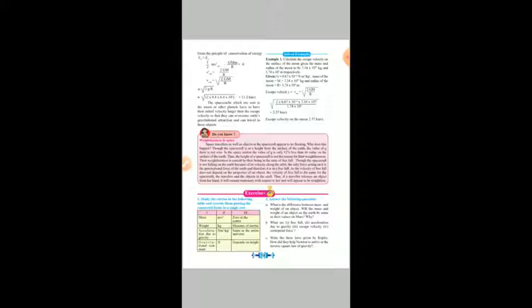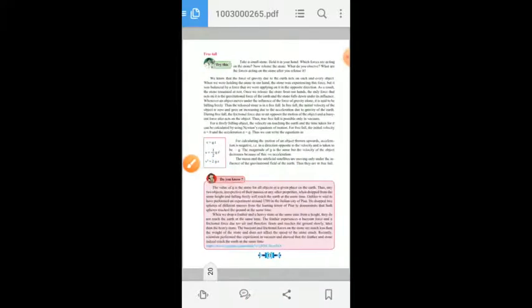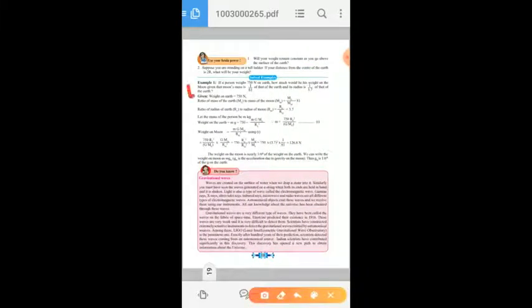We have also solved some numericals. The numericals are a little bit tough, because there is a square root and powers, so you have to solve them very properly and wisely. We have also solved problems based on free fall, which are easy. We have solved problems on gravitation, acceleration due to gravity, and gravitational force.